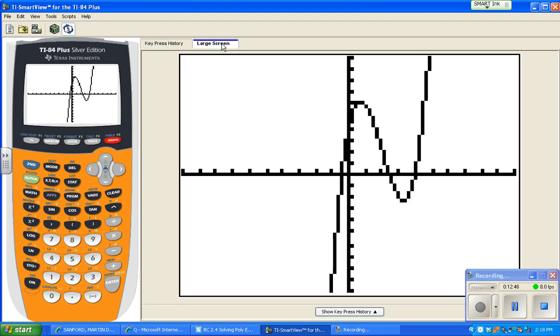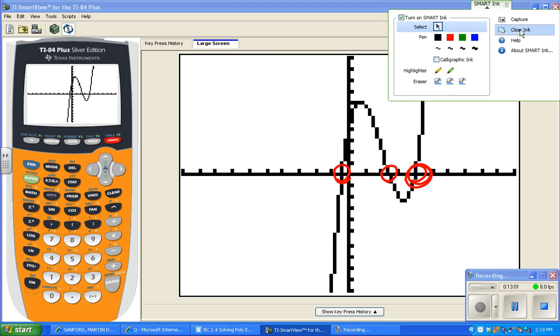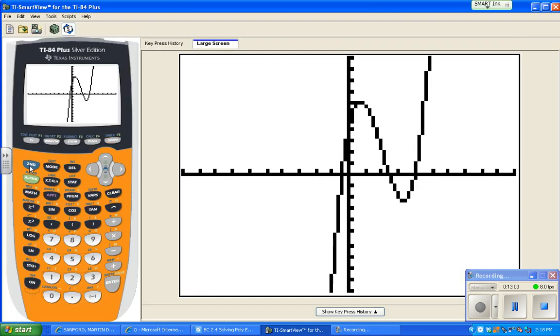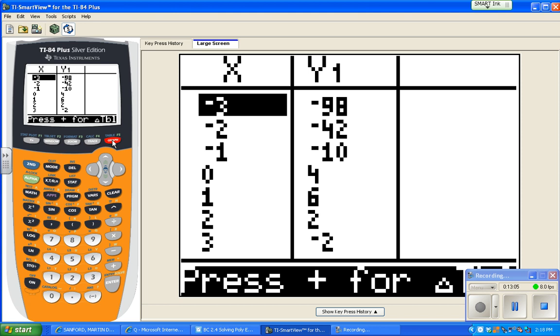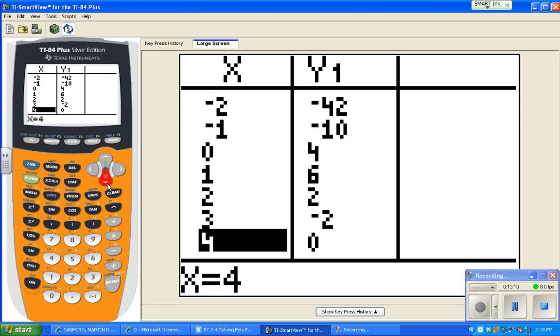Now as I'm looking at this graph, it looks like this is somewhere between -1 and 0, somewhere between 2 and 3. This looks like it might be hitting right at 4. Well, let's just check that. Okay, so you could look at the graph, you could look at a table, and again, what I want to do is identify it. Oh, look, there it is.